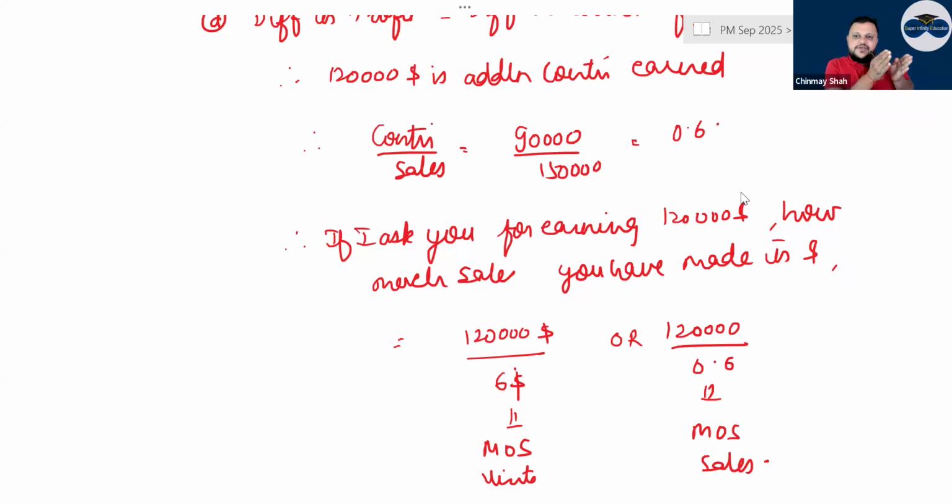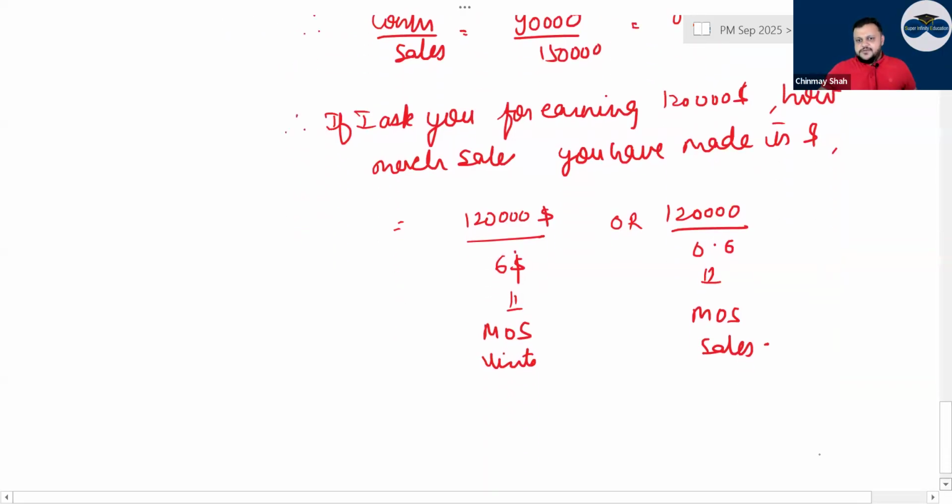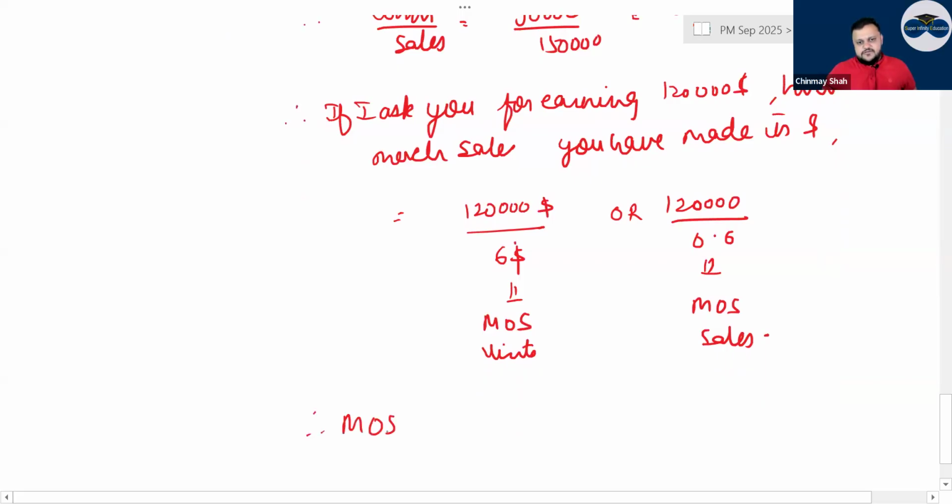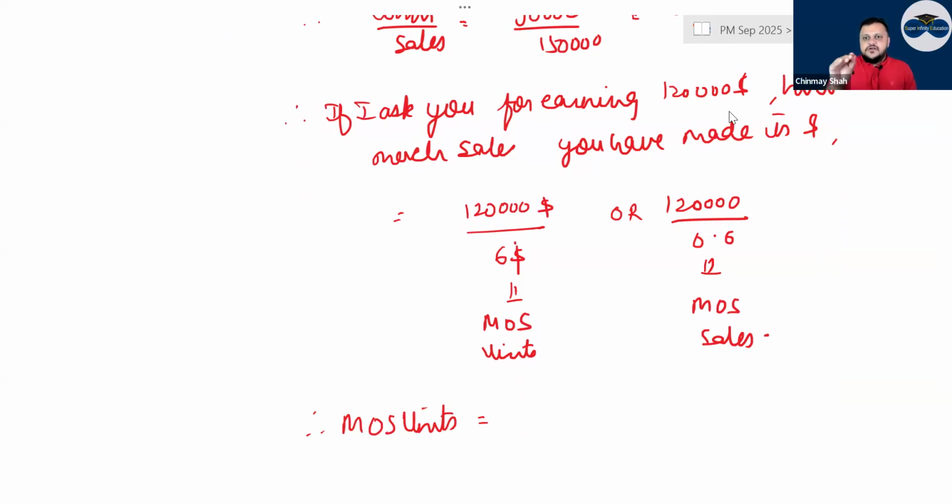Like we did for the base contribution, the fixed cost, where contribution was equal to fixed cost, the additional contribution over and above the fixed cost, if you divide by either the contribution per unit or the contribution by sales ratio, you'll get the MOS. So if I have to derive a formula for MOS units, 120,000 is what? Desired profit or additional contribution?